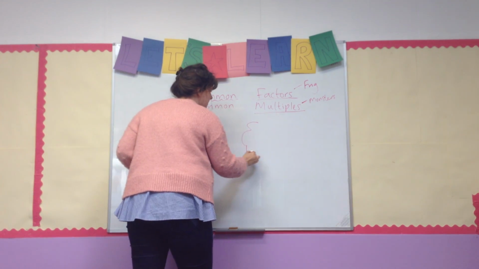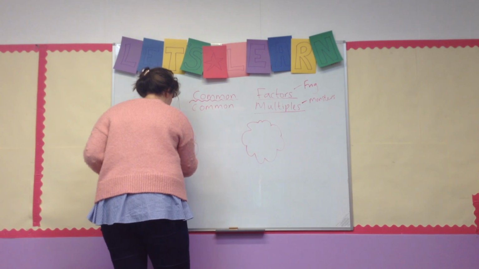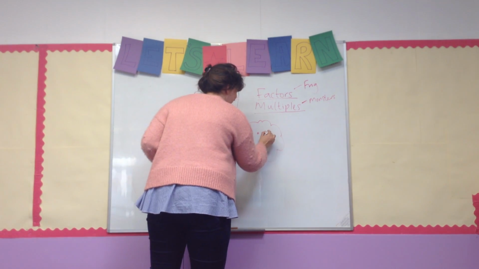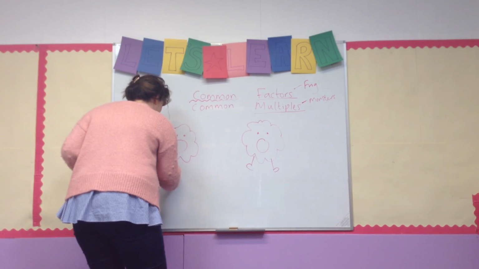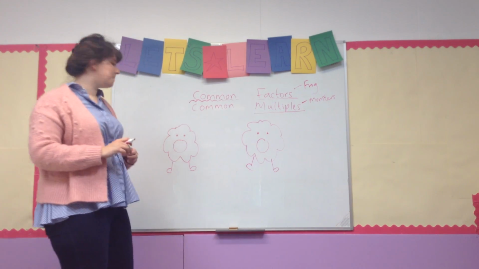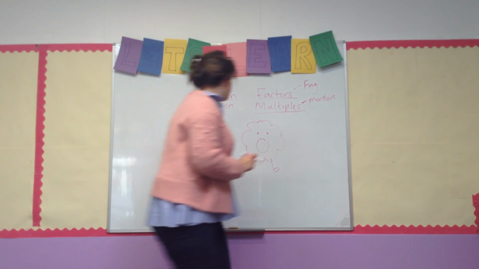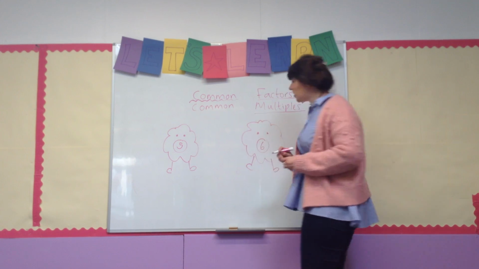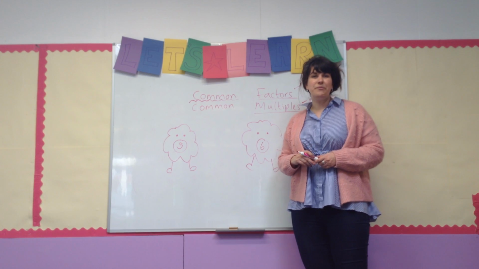There they are. Okay, I'm going to choose some numbers to go into my monsters. First of all, I'm going to choose the number 5 to go in over here, and I'm going to choose the number 6 to go in over here. I'm going to see if I can find any common multiples of both.